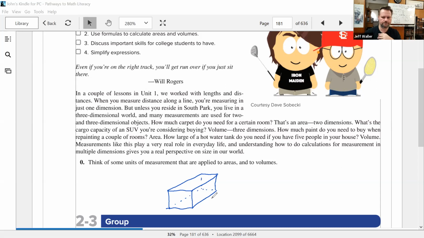Again, if this is 1 foot, is everybody cool with that? You've all seen that symbol before. That means foot, right? This is 1 foot by 3 foot by 2 foot. It's 6 cubic feet. What that really means is if I put in little cubes that are foot by foot by foot, I could fit 6 of them in here.